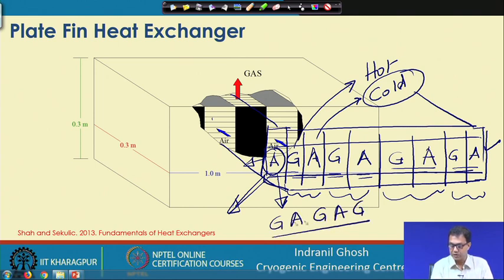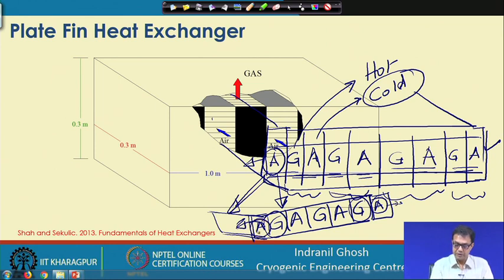This could have been an alternative arrangement, with the end streams being gas streams. But the gas being the hot stream would need more insulation at the end. So we put the air streams at the end, closer to ambient temperature, and we end up with less requirement of insulation.